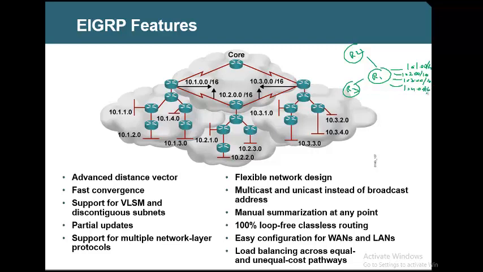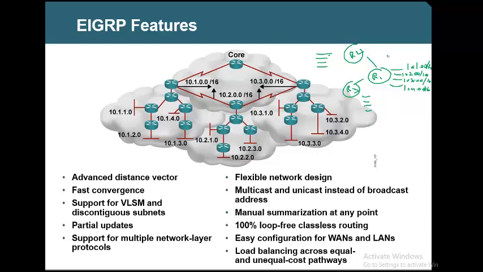So how many subnets do we have here? I think you are on mute. How many subnets? Four. Four. Now, when you don't summarize, this router 2 will see 4 routes coming from R1. Even R3 will also see 4 routes.